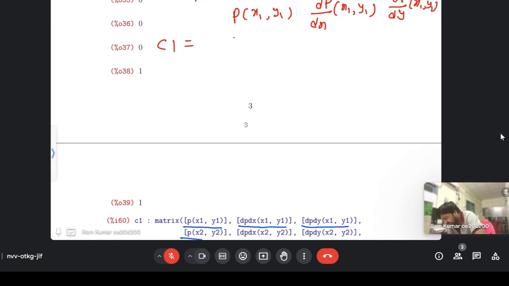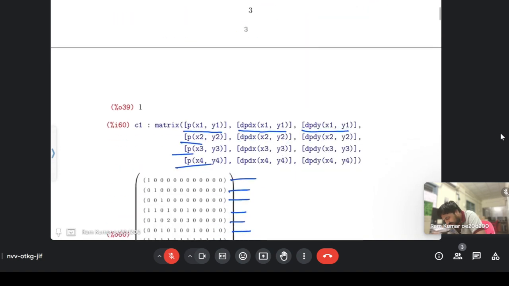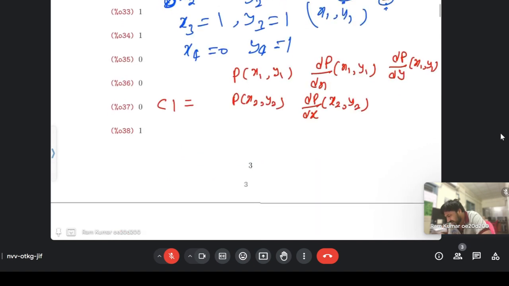Similarly P at x2 y2, and dp by dx at x2 y2, comma, comma.